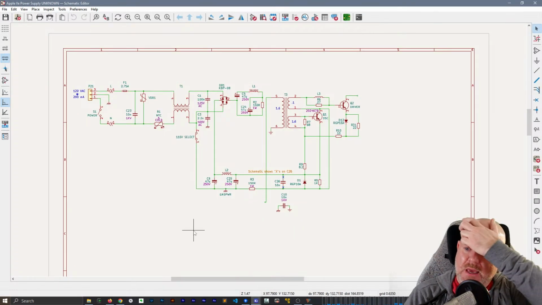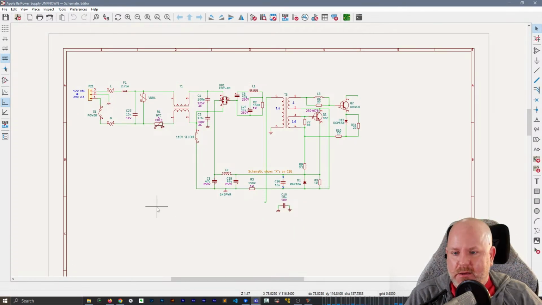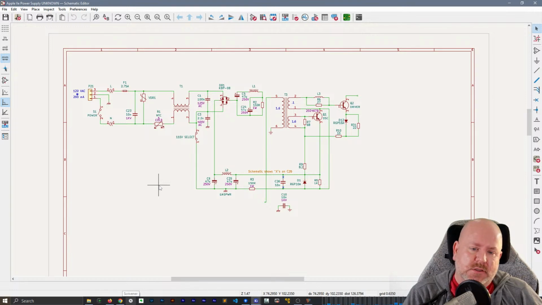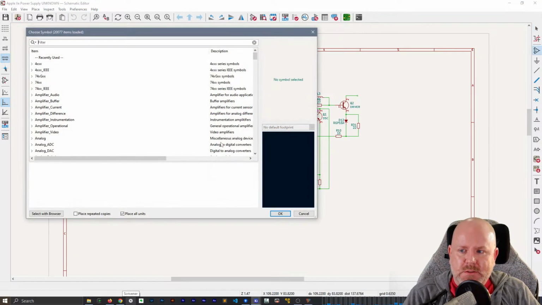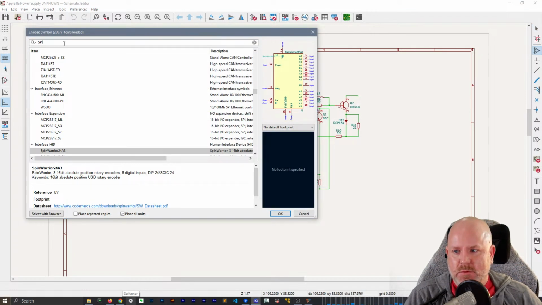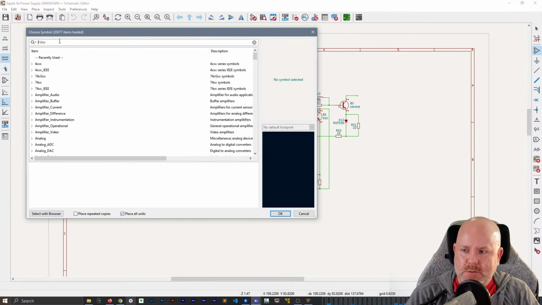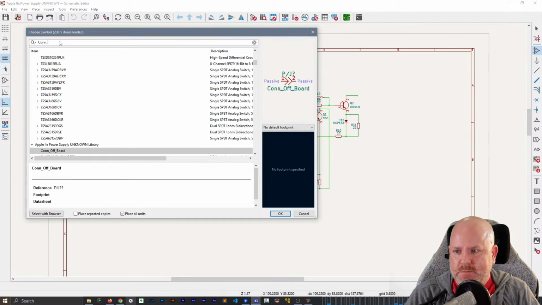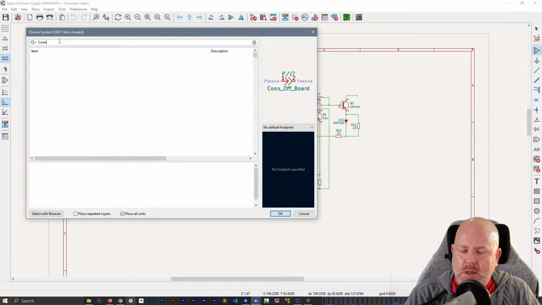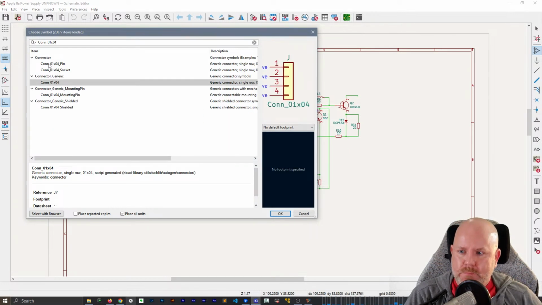It's important because if you have a module, say like a SPI module, let's just say it has 4 pins, and you come into KiCad, you're not going to find a symbol for a SPI OLED. However, if it's 4 pins and you know the pitch, let's say it's 2.54 millimeters, you can use a connector 01 by 04.